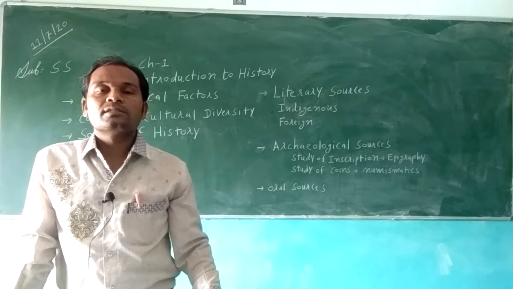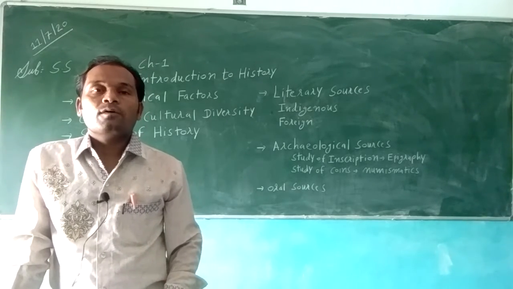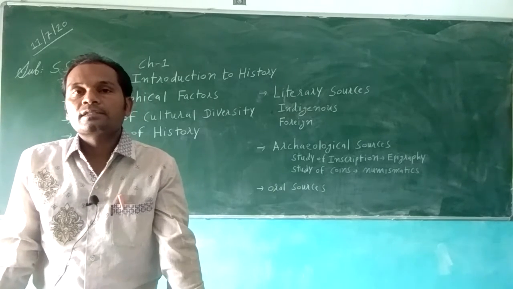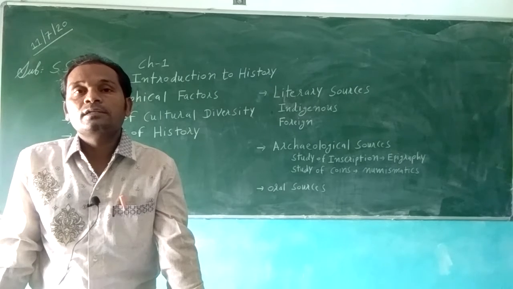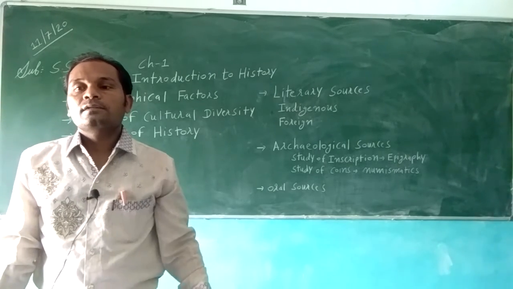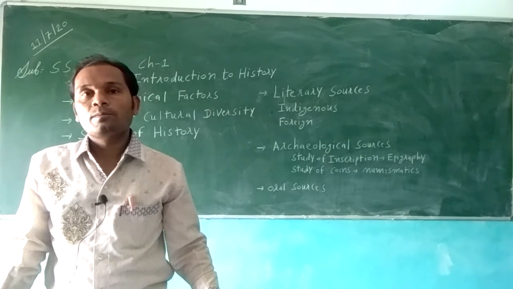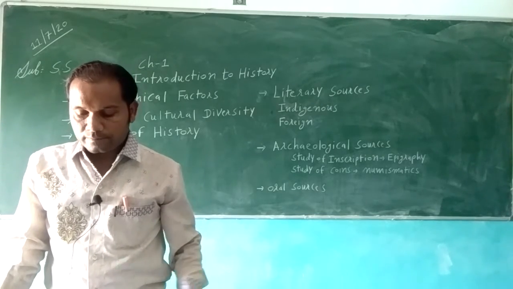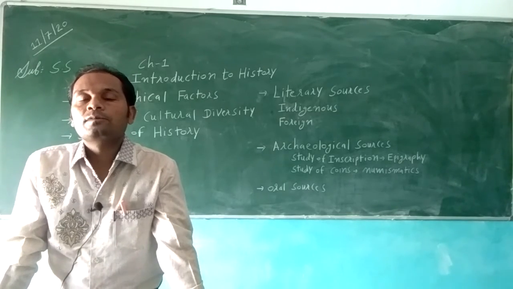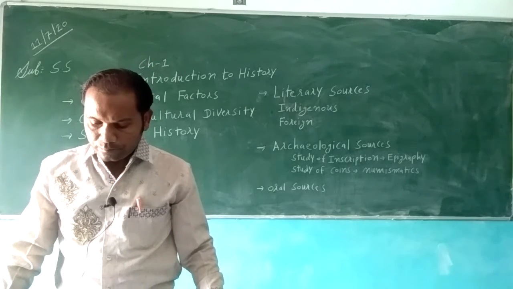From all these we get a lot of information about how olden people were living, what business they did, their tradition, cultural style, which festivals they celebrated, and their social, economic and cultural condition. Temples, forts and palaces of olden time also give information.